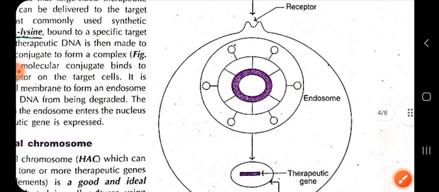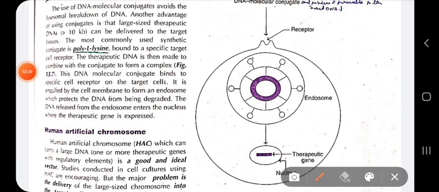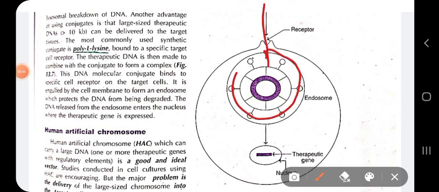As you can see, the cell is going to engulf that conjugate, and inside, it forms an endosome. And thus the DNA from the endosome enters the nucleus, where the therapeutic gene will be expressed properly without getting degraded inside the cell.